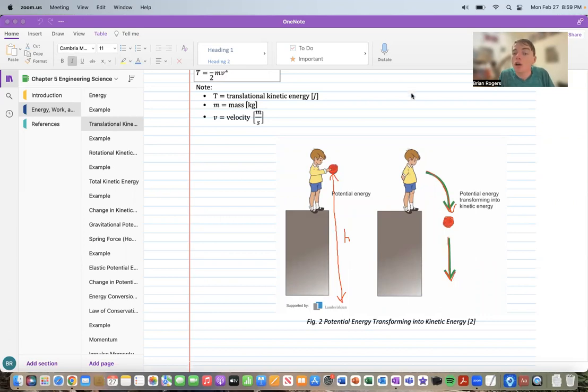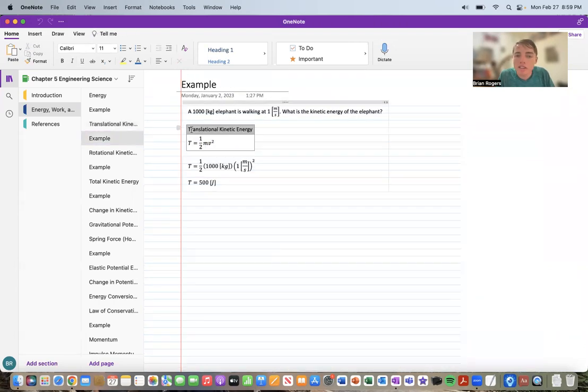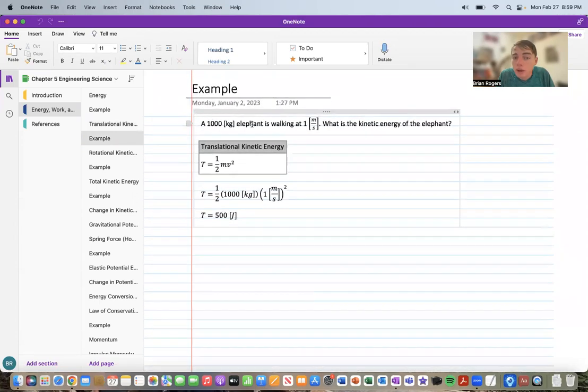And so with translational kinetic energy, we would be able to calculate how much kinetic energy that ball has if we knew its mass and the velocity. So looking at the example they gave us, we have a 1,000-kilogram elephant walking at 1 meter per second. So what is the kinetic energy of the elephant?